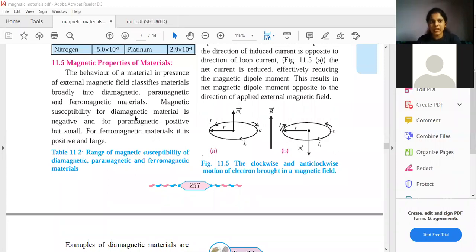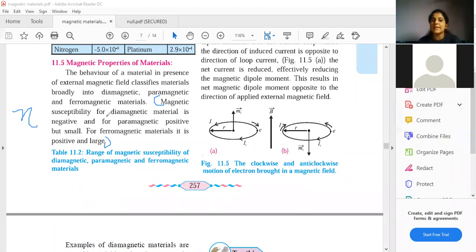See the next point, you can mark this point and keep. This is anyway going to be repeated ahead, but if you want, you can mark it here. The magnetic susceptibility, I hope you all remember magnetic susceptibility. It is the extent of magnetization of a material, how much the material has magnetized in an external magnetic field.